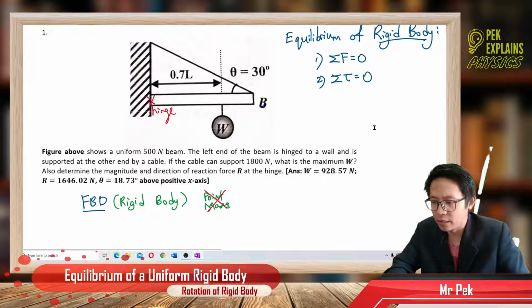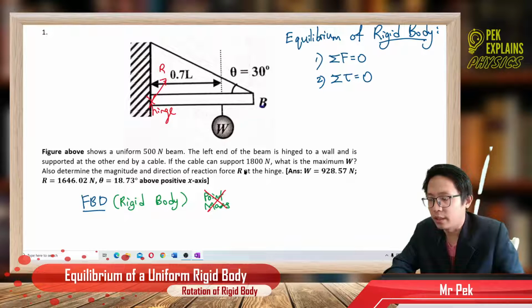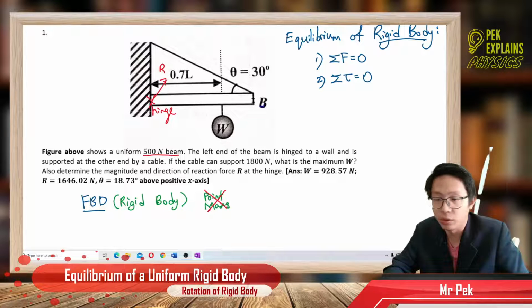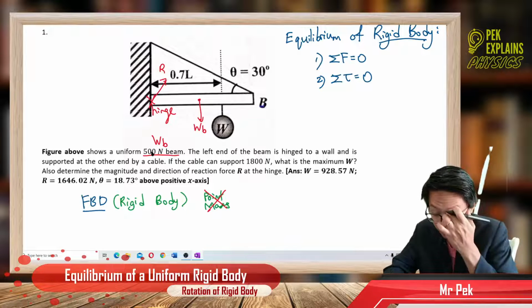At the hinge we have a reaction force. The reaction force is normally in this direction, assumed to be, and then we have the 500 Newton beam. The beam means the whole rod. This is the weight of the beam, and it acts at the center.